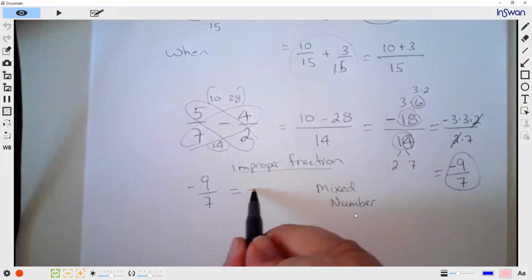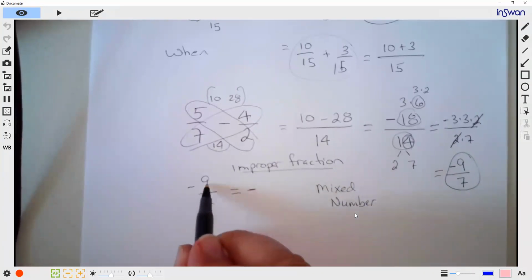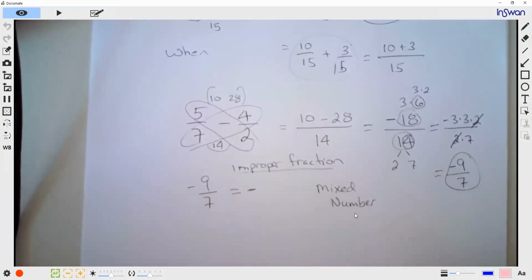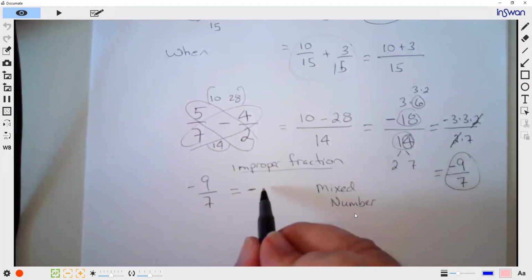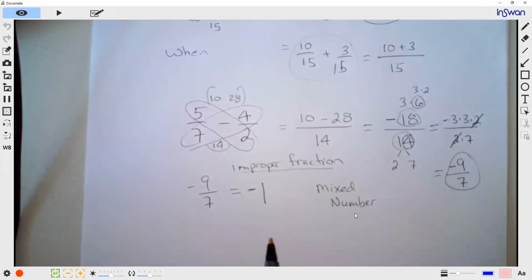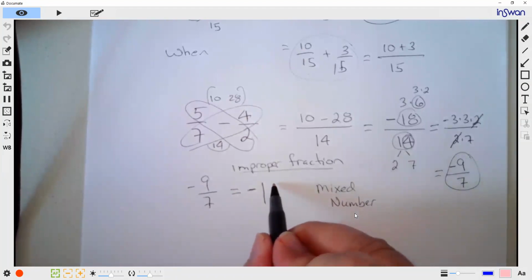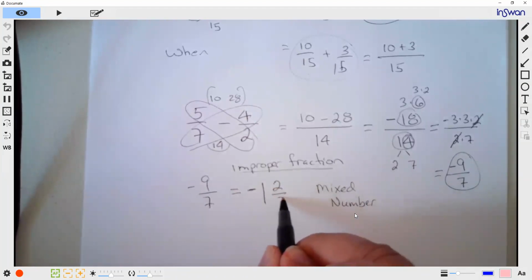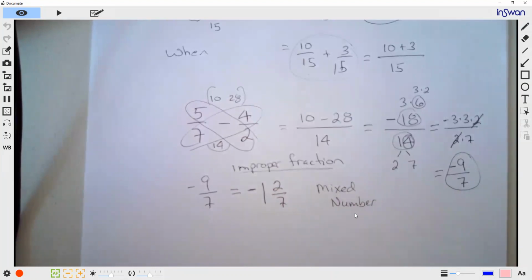We know the answer is negative. How many times does 7 go into 9? Once, with 2 left over. And the 7 goes on the bottom. So 7 goes into 9 once, you have 2 left over, and there's your mixed number: a whole number and a fraction.